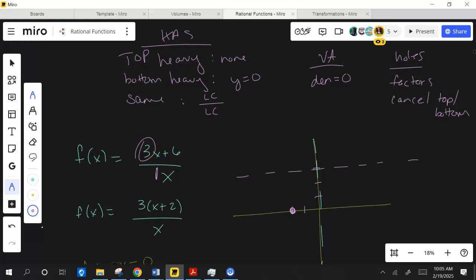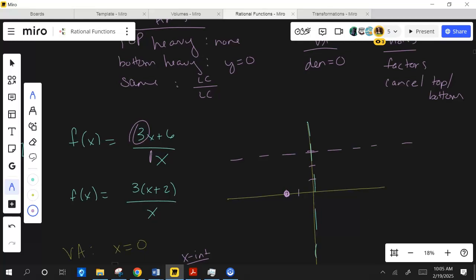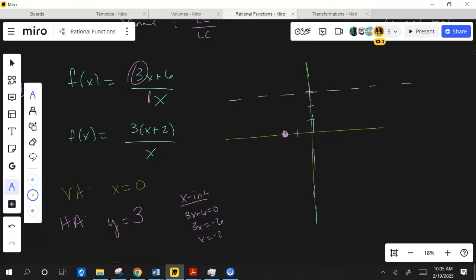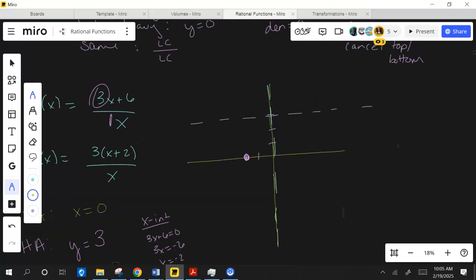By the way, what's my y-intercept here? None. Remember, y-intercept is found by letting your x be 0, but if you look, I don't even have to calculate anything. If there's an asymptote on the y-axis, I can't intersect an asymptote, right? So there's none. All right.